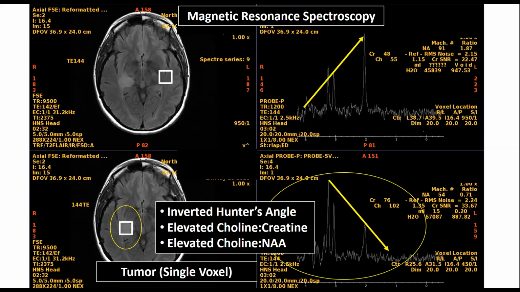Now the area under the curves is automatically measured, and it generates a choline to creatine and choline to NAA ratio, and these are well within the range for a densely cellular tumor, for a higher grade tumor. Now, it's not actually measuring grade, it's measuring cellularity.